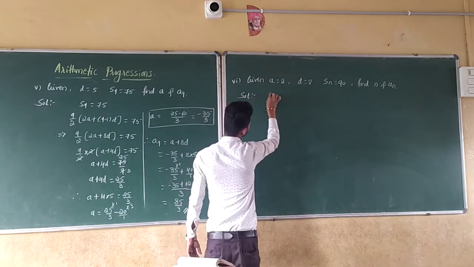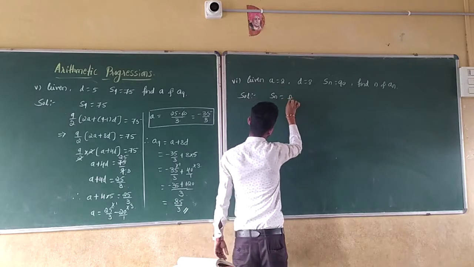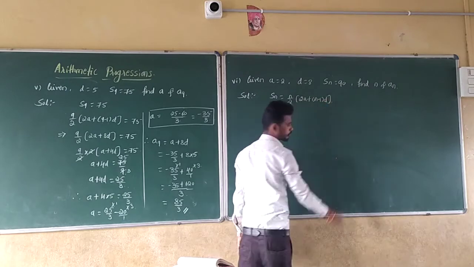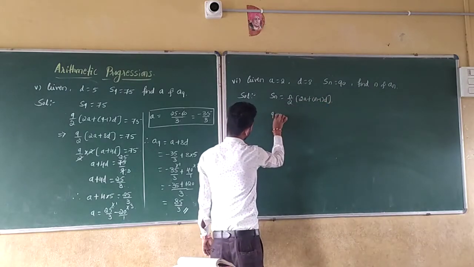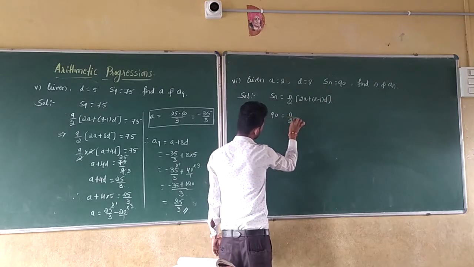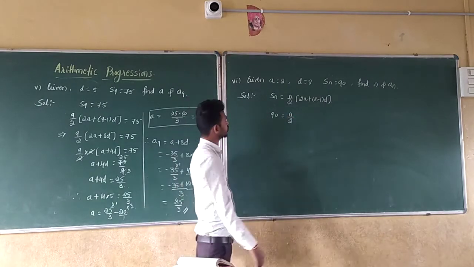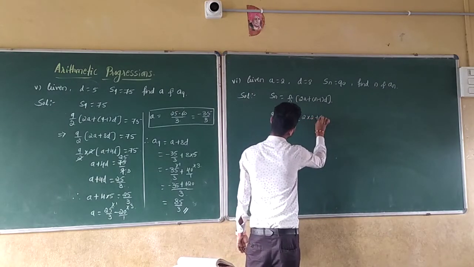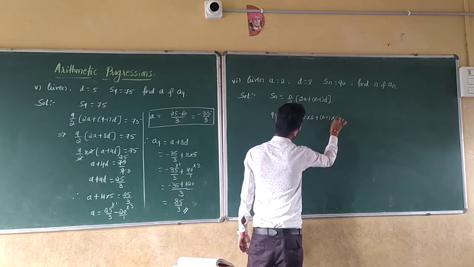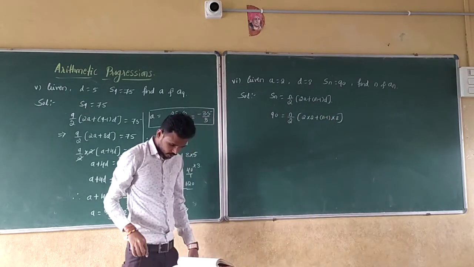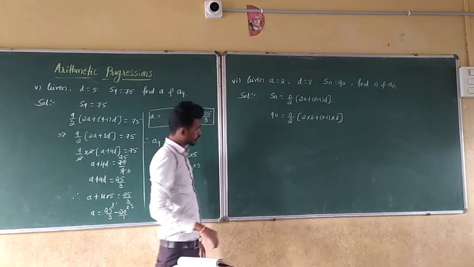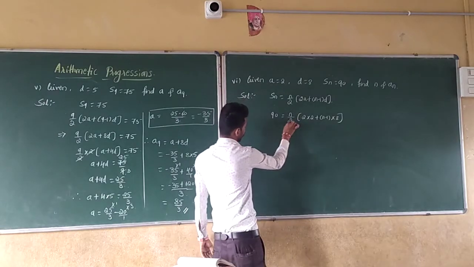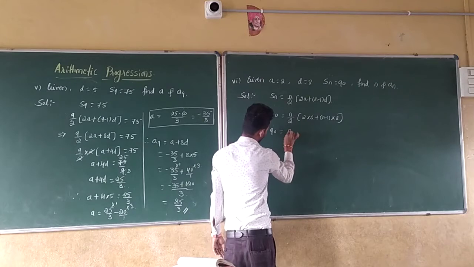So what can we write now? Solution: Sn is equal to n by 2 into 2a plus n minus 1 into d. Sn, how much is given? 90, which is equal to n, which we need to find, into 2a, 2 plus n minus 1 into d, how much is given? 8. 90 equals n by 2 into.